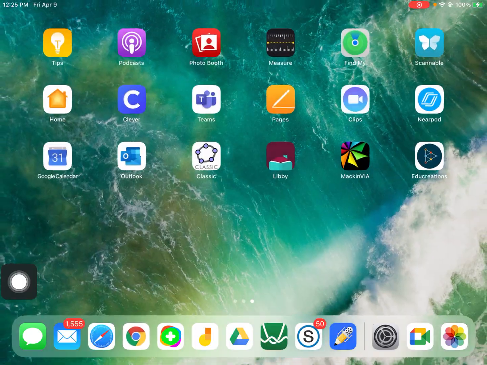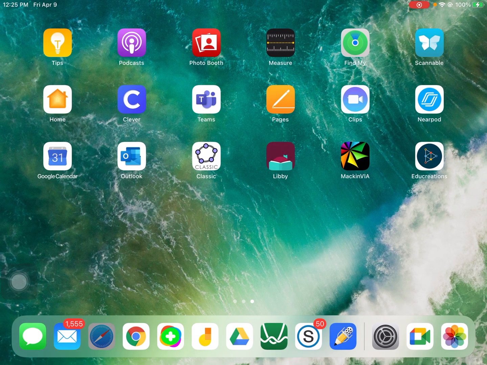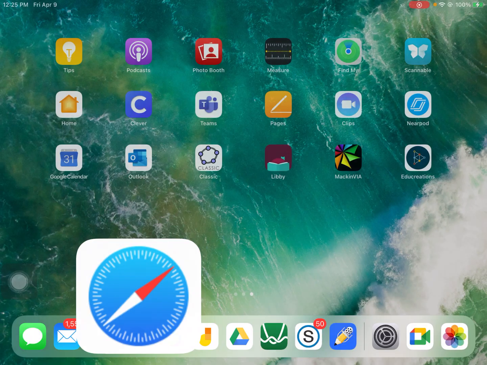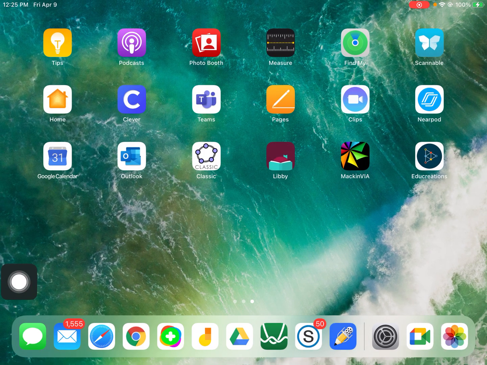And these are approximations, so we would use our approximation symbol and go with 4.0875. And then log base 2 of 35. So we're looking for an exponent here again. And we want a result of 35, so it's going to be right there at 5.1293.